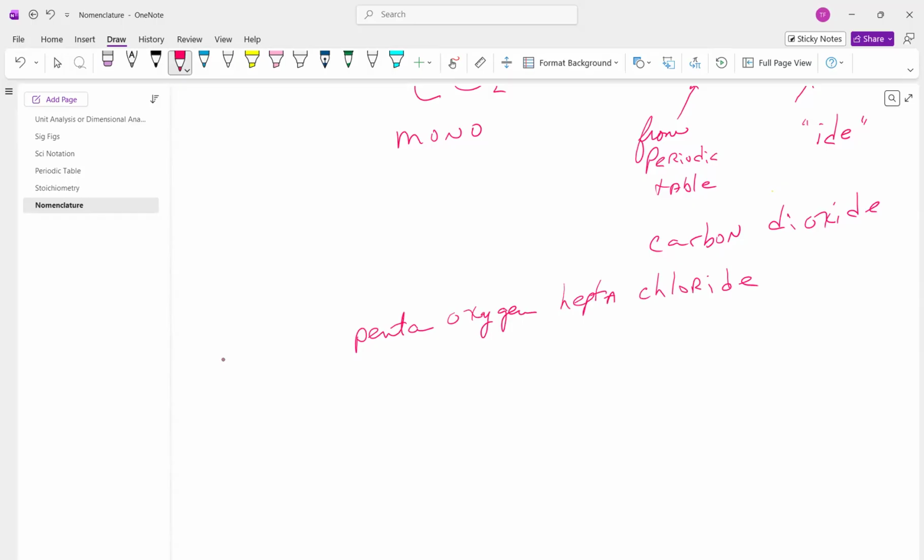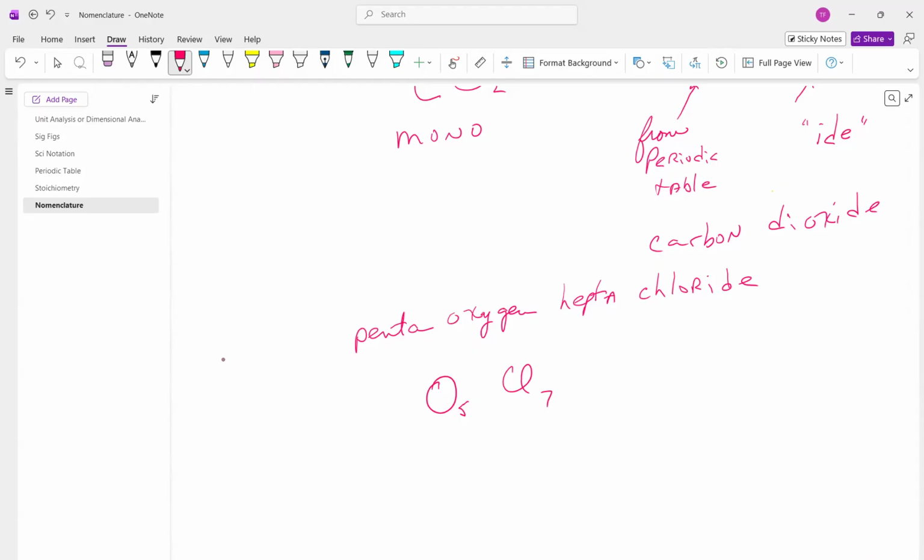Look on the top right. How many is penta? 5. Chloride is hepta. How many is hepta? It's very straightforward. Ionic is not straightforward. That's where we're going to wait.